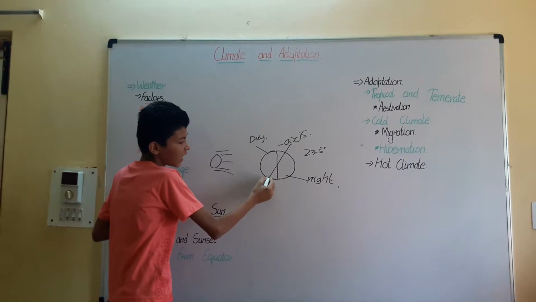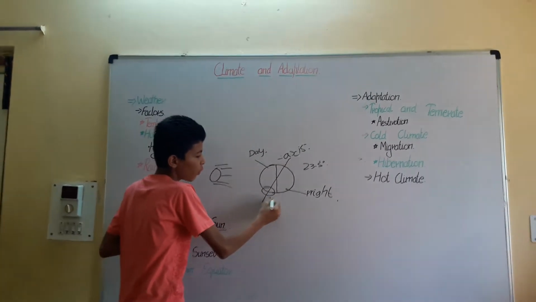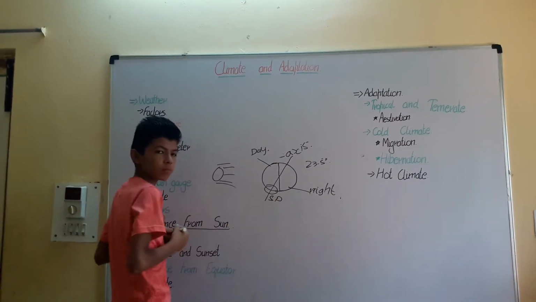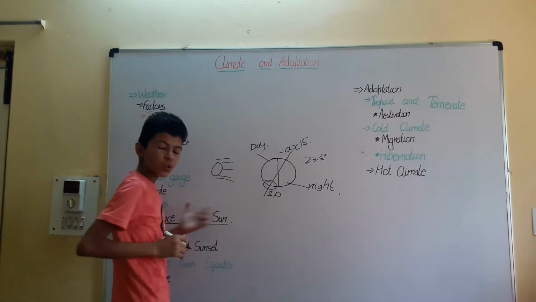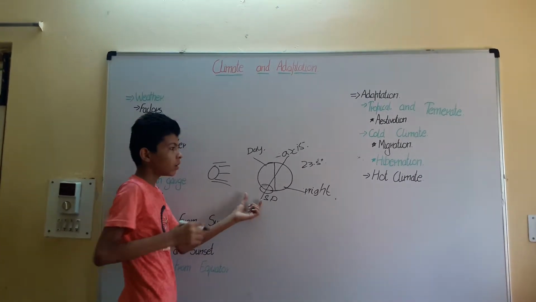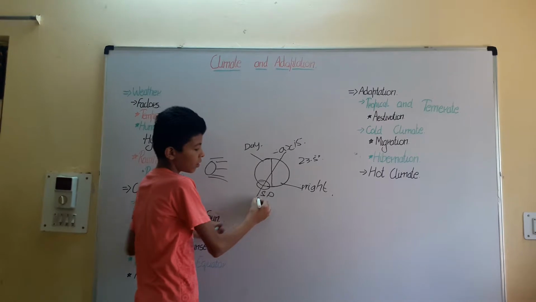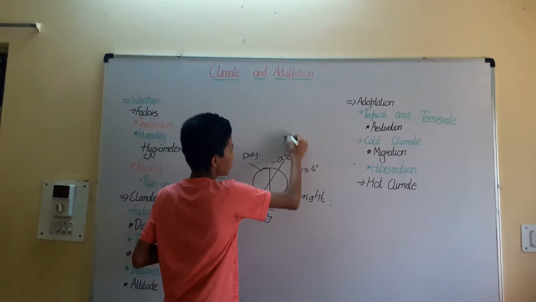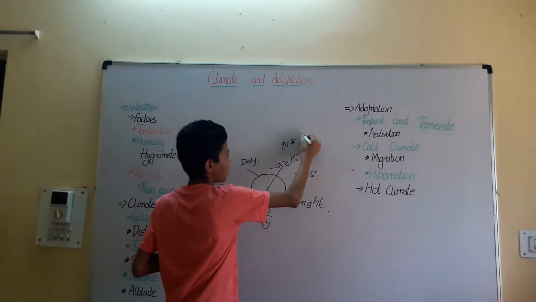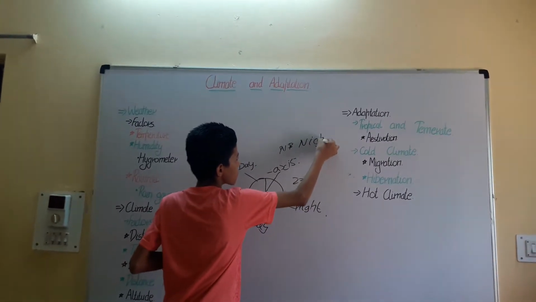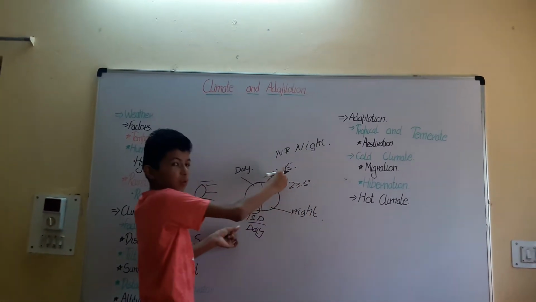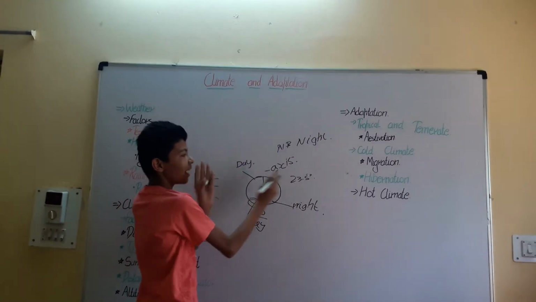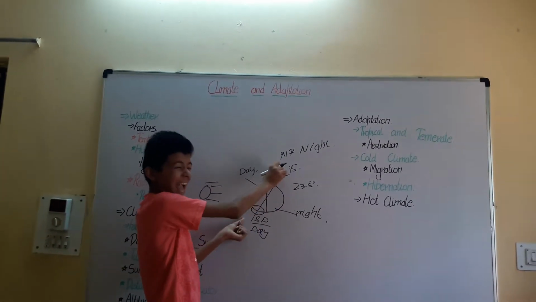This area, the south pole, is facing the sun, so it would have day, and the North Pole would have night, and the earth rotates on its axis.